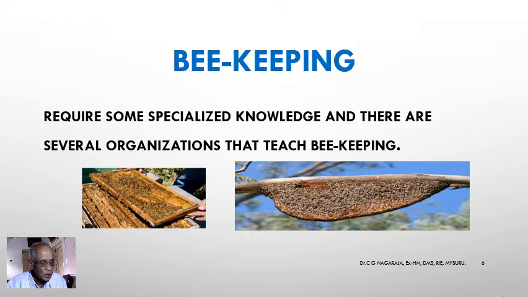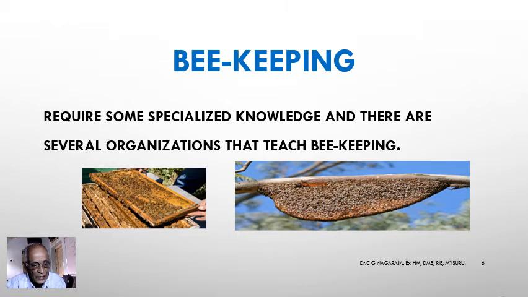Well, I told you about beekeeping. Beekeeping requires specialized knowledge, and there are several organizations in our country that can help us if we want to earn money from beekeeping and producing honey. I have just shown two diagrams where a wild type of bees made their comb.